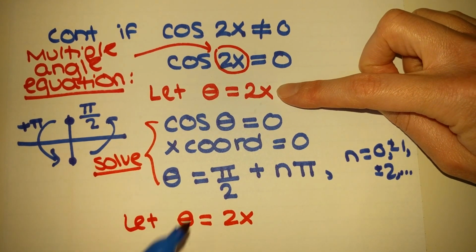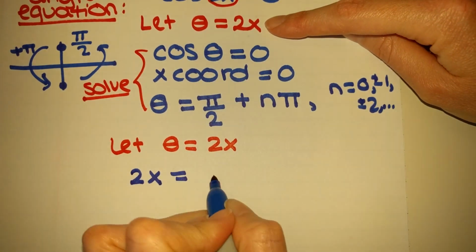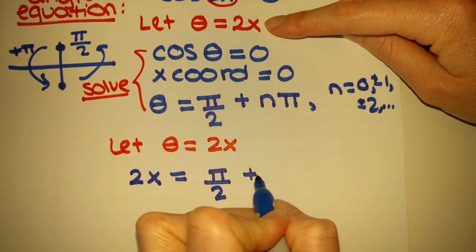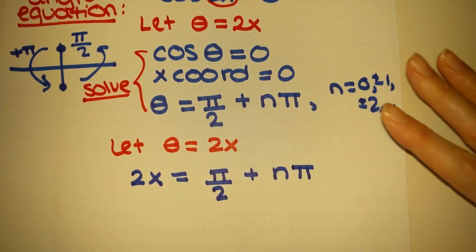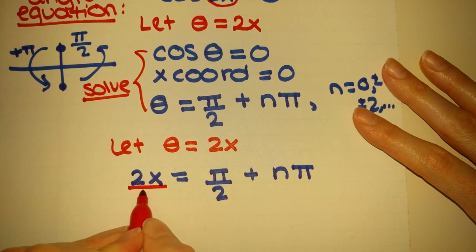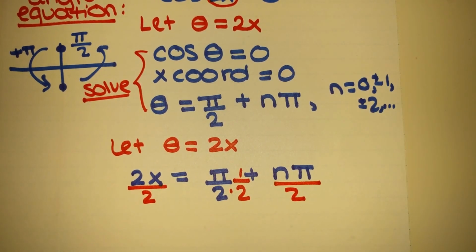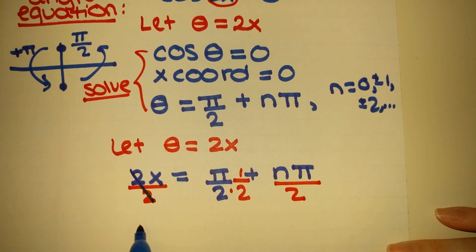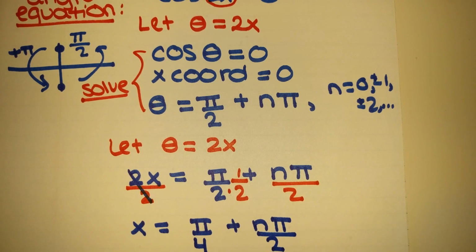So here my theta will be replaced with 2x equals pi over 2 plus n pi. And we're trying to solve for x. So to solve for x, I'm going to have to divide each of these terms by 2. Divide by 2, divide by 2. So that will give us x is equal to pi over 4 plus n pi over 2.